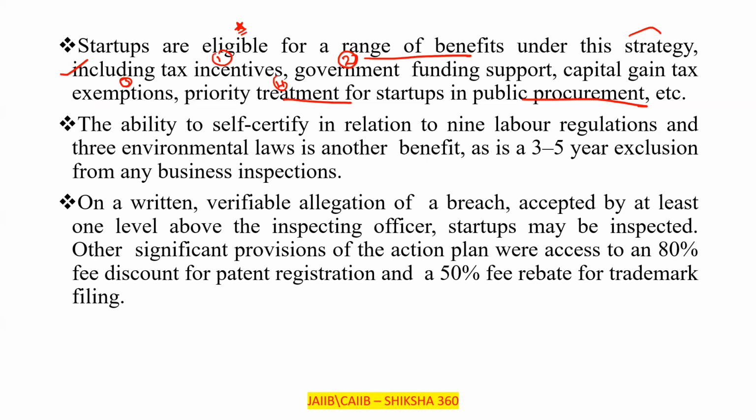The ability to self-certify in relation to 9 labor regulations and 3 environmental laws. Clear, 9 labor regulations and 3 environmental laws. Another benefit is a 3 to 5 year exclusion from any business inspections.